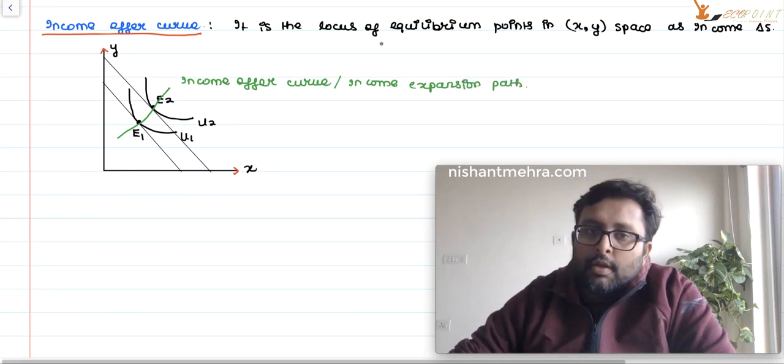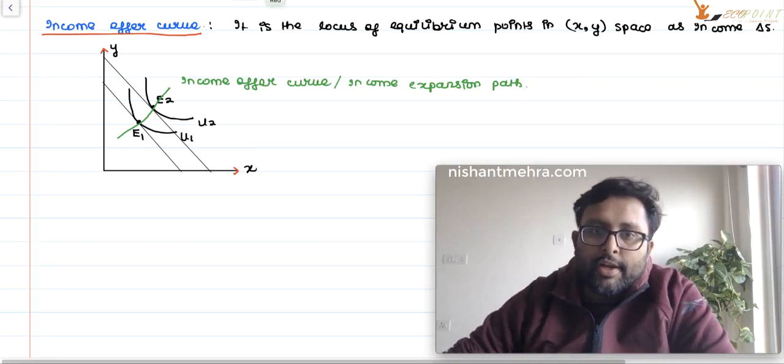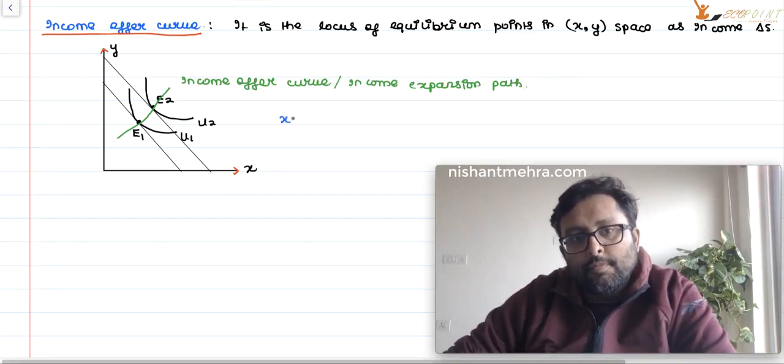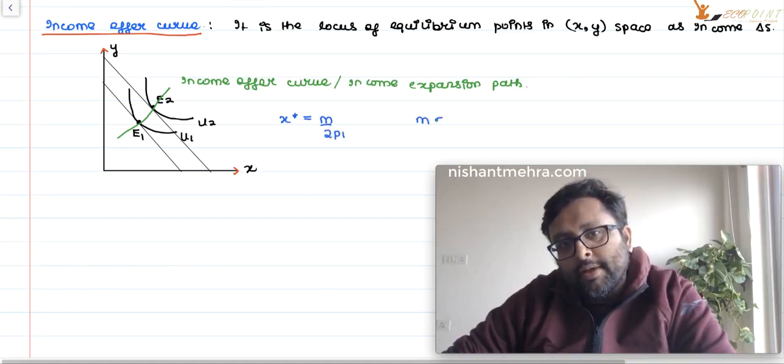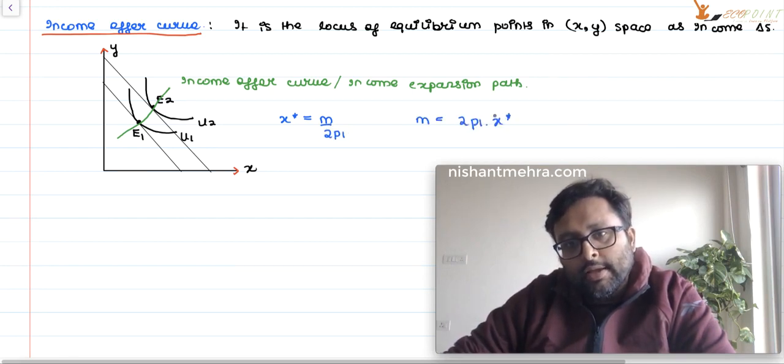Right, beta? Now you have already derived x star as m by 2p1. So I can write m as 2p1 x star.